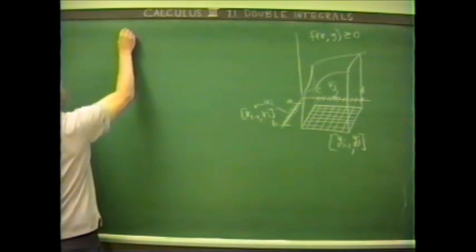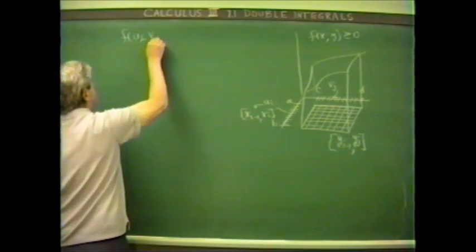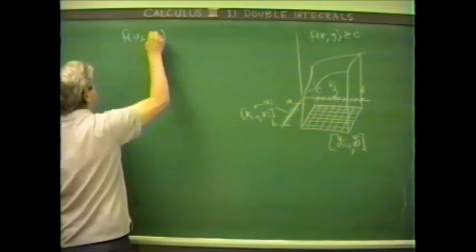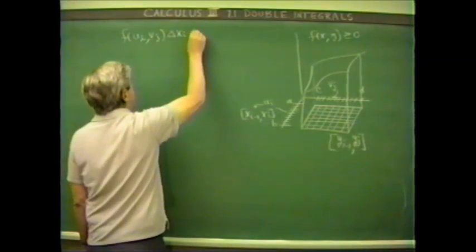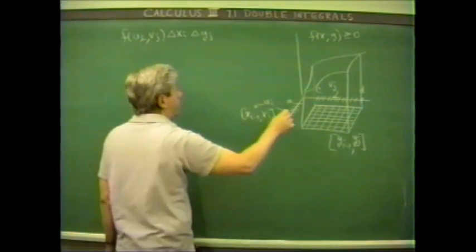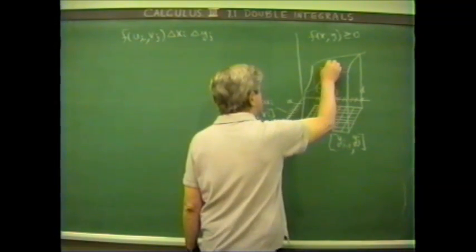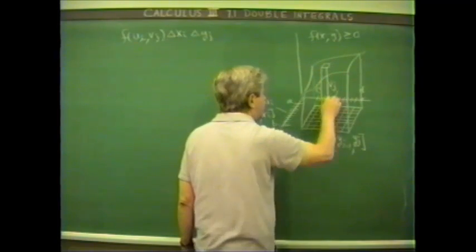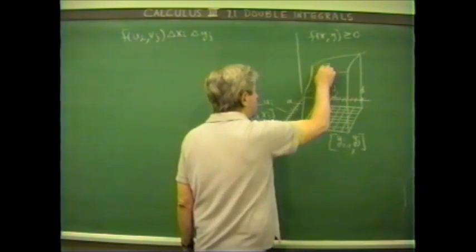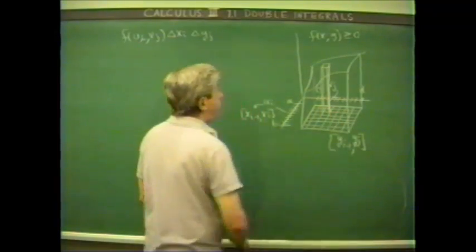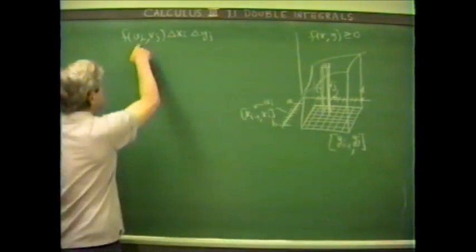Then we'll take a look at the function value at ui, vj and multiply that by delta xi and by delta yj. And what this will give you is the volume of this small rectangular parallelepiped here, which lies above the rectangle and has for its top the value of the function.